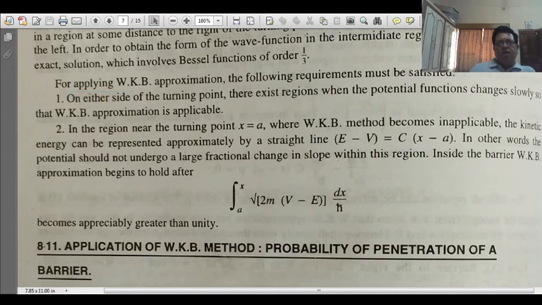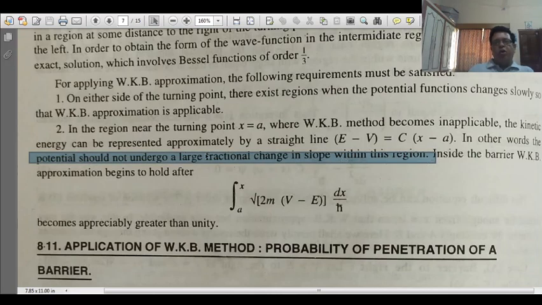In regions near the turning point x equal to a, where the WKB method is inapplicable, the kinetic energy must be represented by an approximately straight line, E minus V equal to C times (x minus a). In other words, the potential should not undergo a large fractional change in slope within this region. This point is very important to understand.